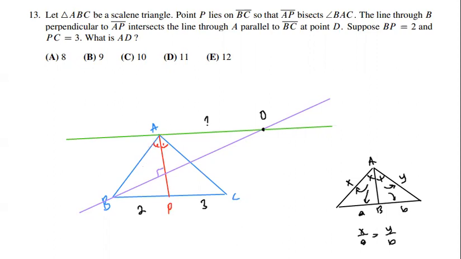Based on that, in our problem, the angle right here, the left side is AB, divided by the opposite side, which is BP, 2, is equal to AC for this side. Just ignore this line for now, because that's the triangle; this angle is divided by this bisector. So AB divided by 2 equals AC divided by 3. If I call AB 2x, then AC should be 3x.